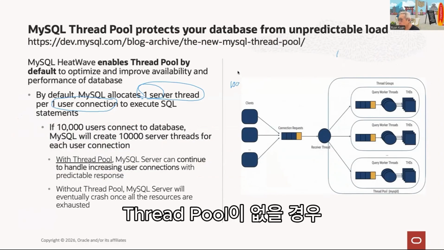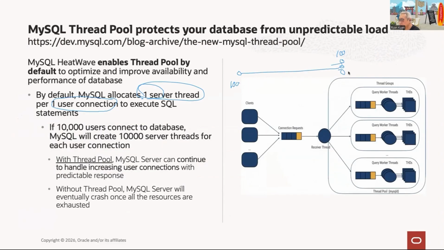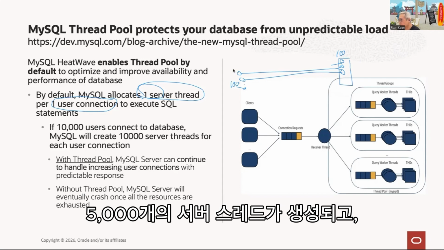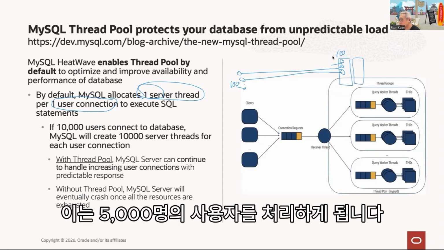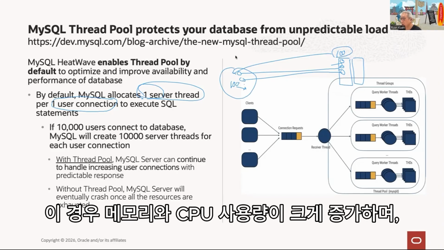Without the thread pool, there will be 100 server threads serving the users. And when this goes up to 5,000, you would have 5,000 server threads to serve the 5,000 users, and all this requires memory and CPU.